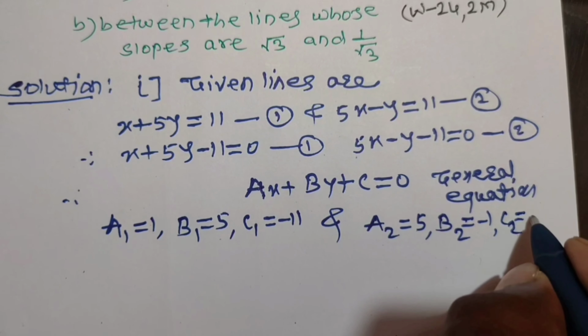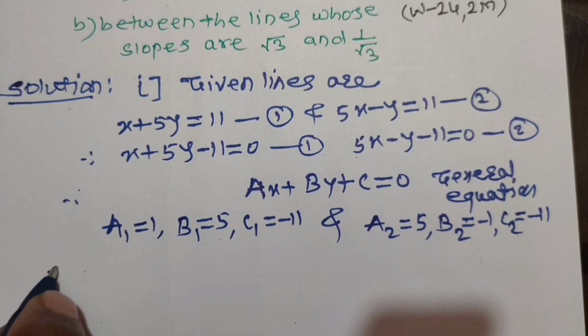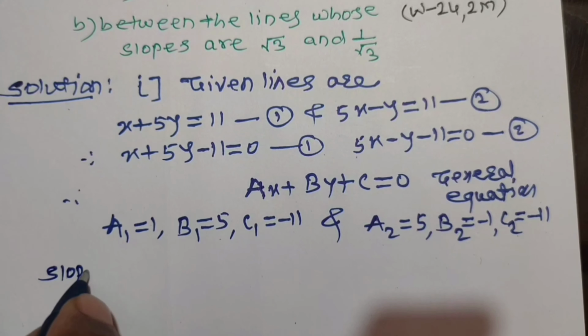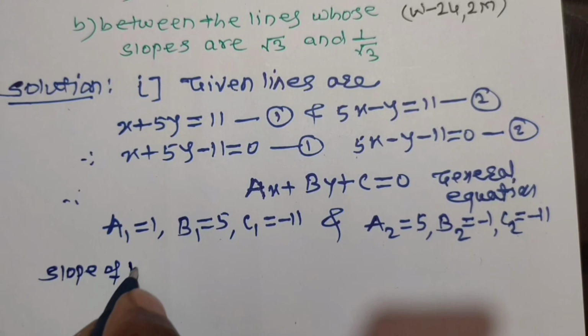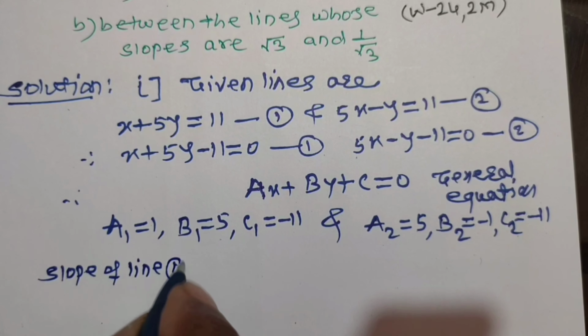Now we have to find out slopes of above two lines. You know formula for slope. Slope is equal to minus coefficient of x divided by coefficient of y.